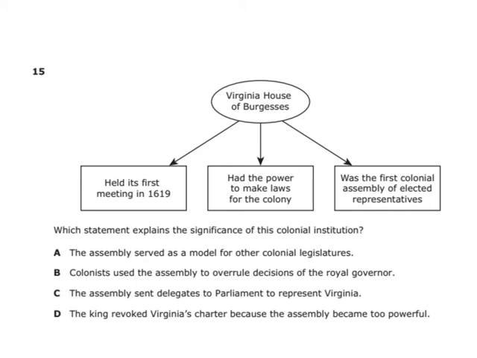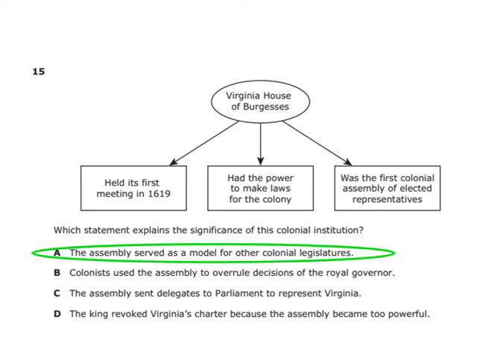Virginia House of Burgesses held its first meeting in 1619, had the power to make laws for the colony, and was the first colonial assembly of elected representatives. Which statement explains the significance of this colonial institution? Okay. Yeah, Virginia House of Burgesses was part of Jamestown.